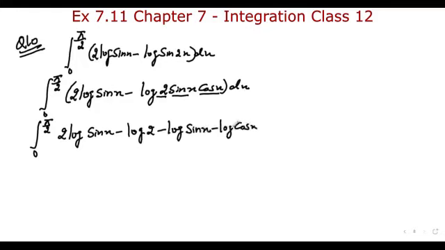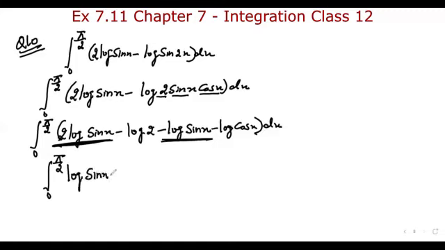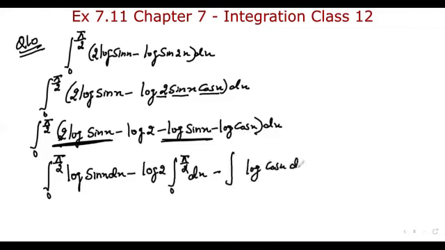I hope you understood this. Now 2 log sin x minus log sin x will become log of sin x. So this will be log sin x dx minus log 2, which is constant, so I'm taking it out of the integral, minus I'm left with log of cos x dx.